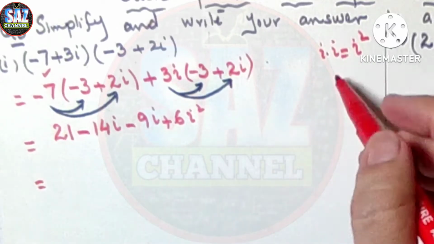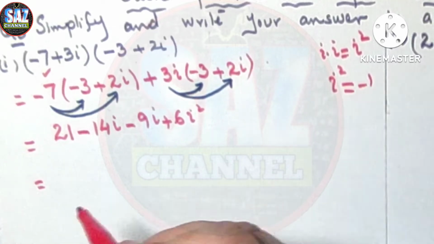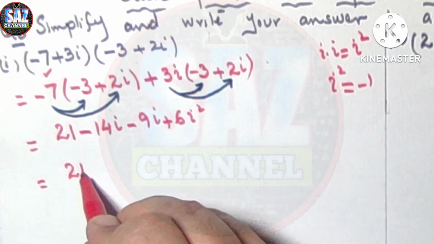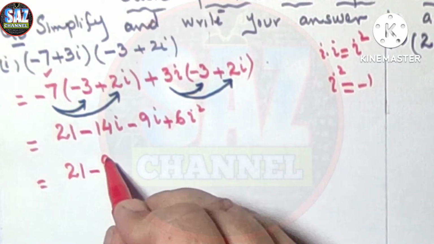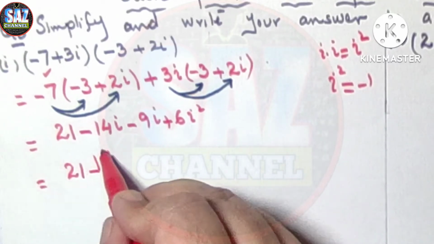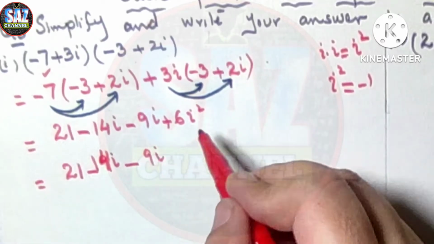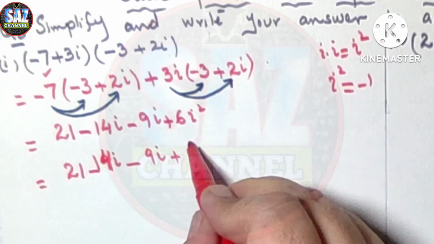Recall that the value of iota square is minus 1. So we have 21 minus 9 minus 14 iota minus 9 iota, and iota square is minus 1.